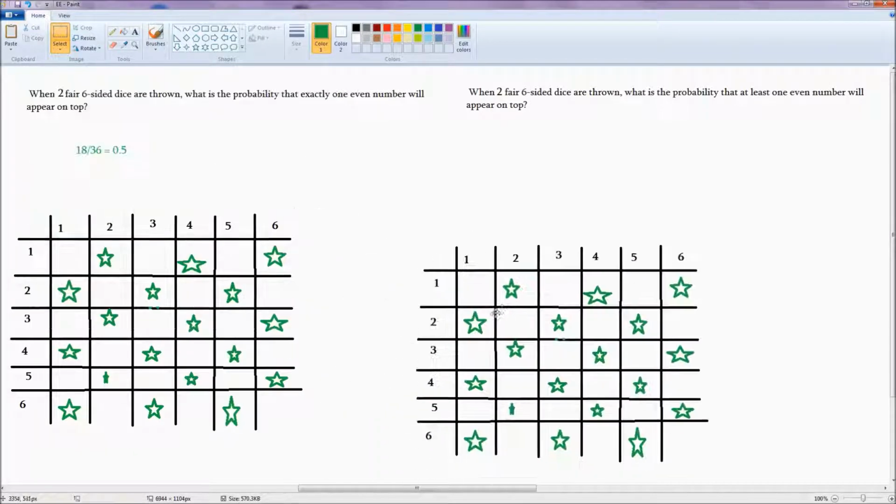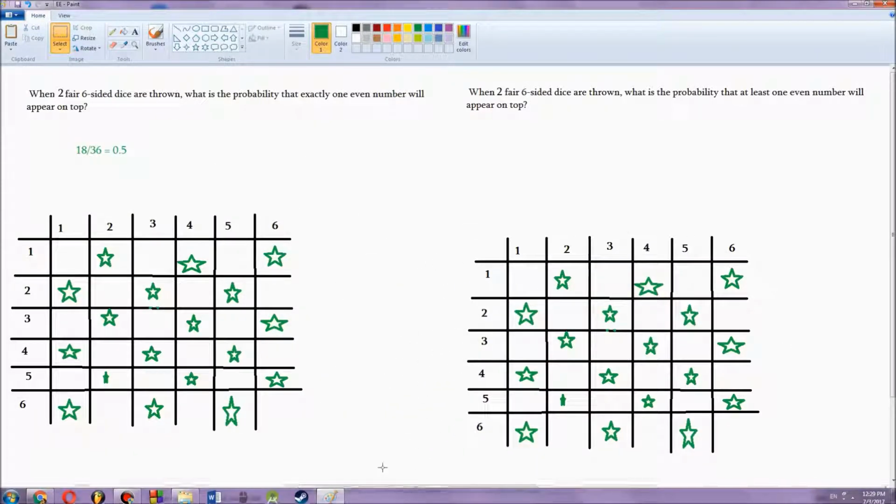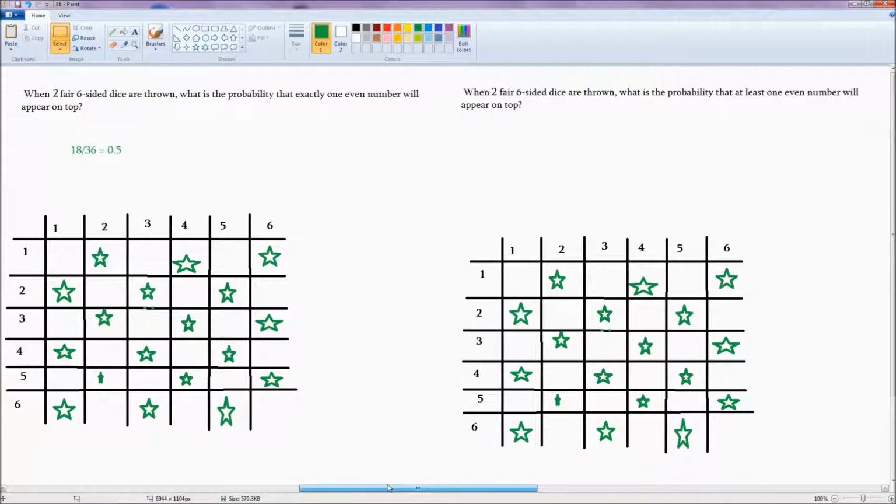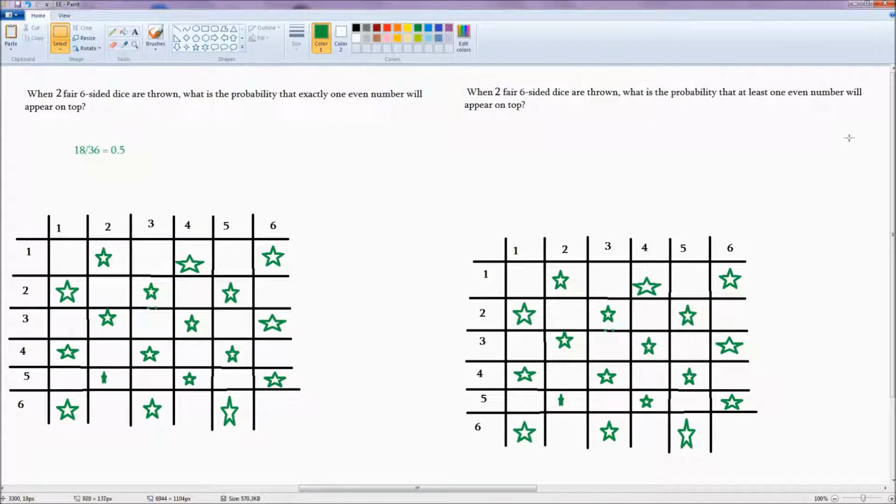Now let's look at another problem, the one on the right, which is different from the one on the left and certainly has a completely different answer. Let's read: when two fair six-sided dice are thrown, what is the probability that at least one even number will appear on top?